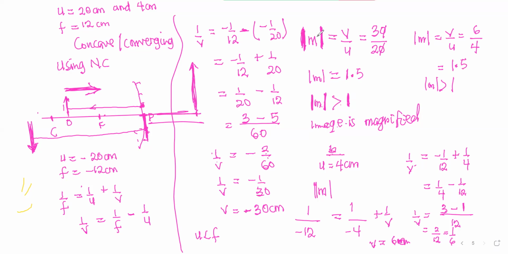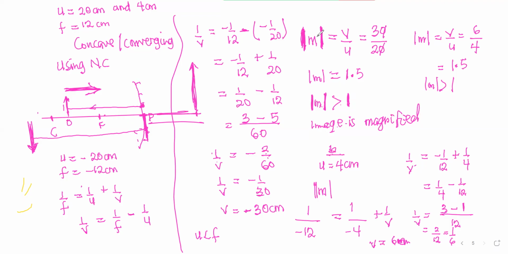Thank you, sir. Okay. So a convex mirror of focal length 18 centimeter produces an image on its axis. Here, the principal axis. Don't be confused.